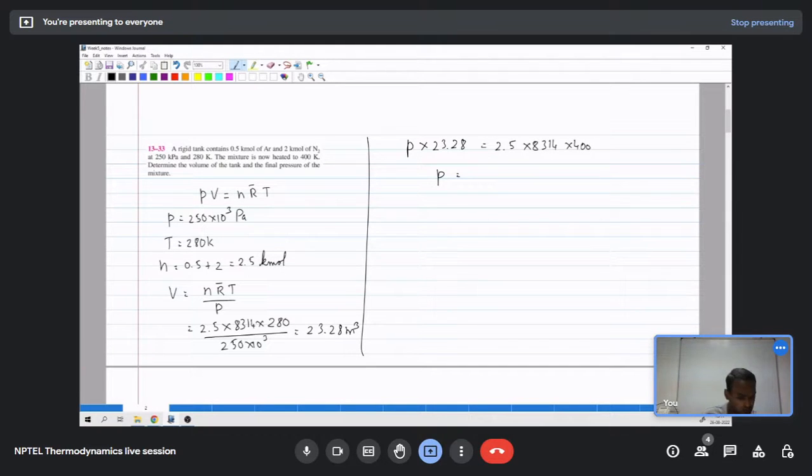So the pressure would be 357 into 10 power 3 pascal. This is 357 kilopascal.